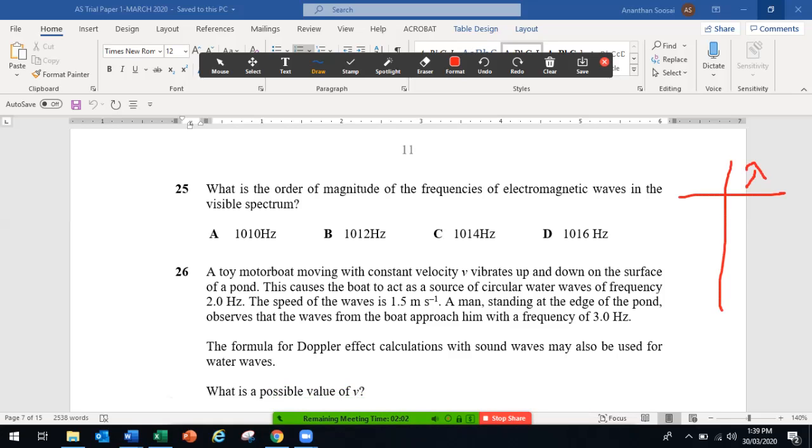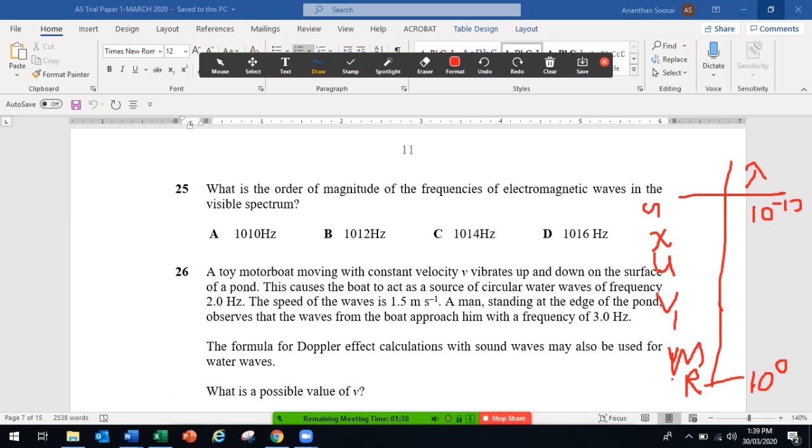Wavelength starts with what? Gamma, 10 to the power of how much? Negative 12. Then increase by 2, right? Finally, radio becomes 10 to the power of 0.